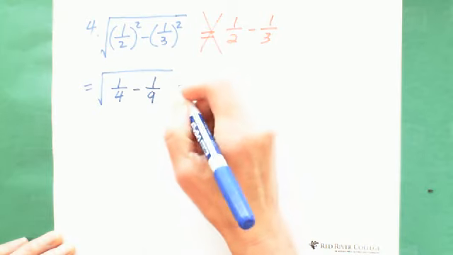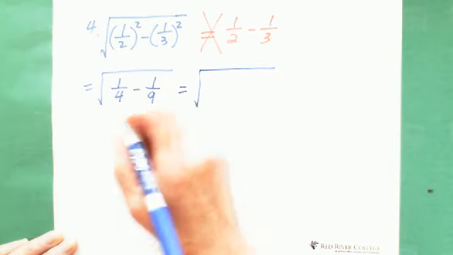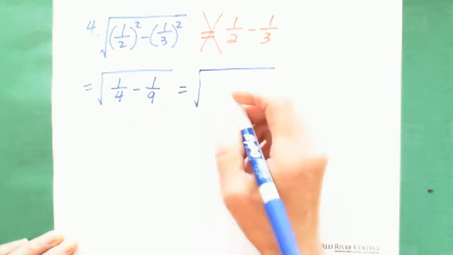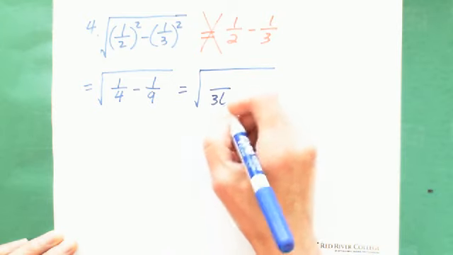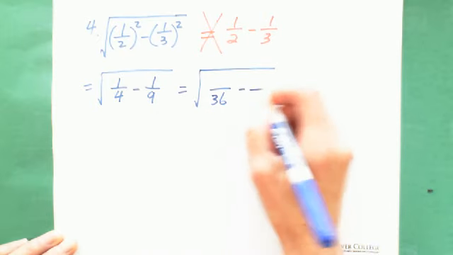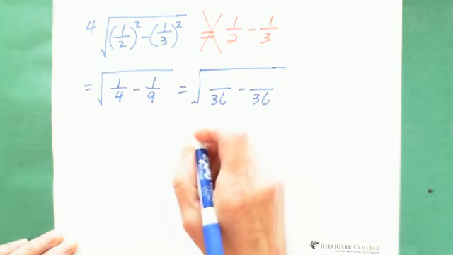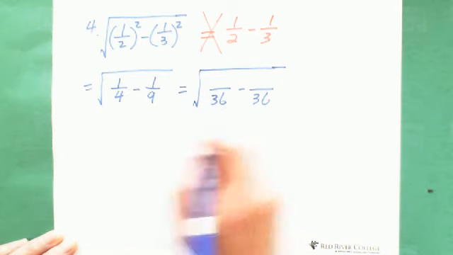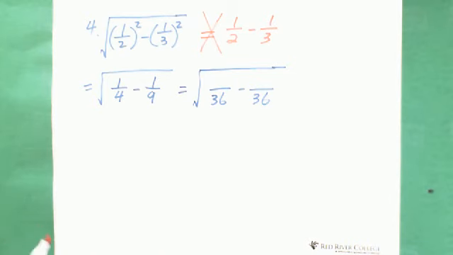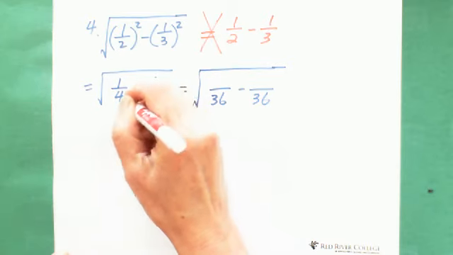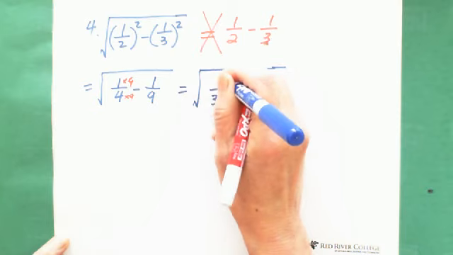These are fractions, so we need to find the common denominator to subtract. 4 and 9 have no common factor, so we just multiply: the least common denominator is 36. Then we convert 1/4 into an equivalent fraction: 36 is 4 multiplied by 9, so we multiply the top by 9 as well, and the top becomes 9.